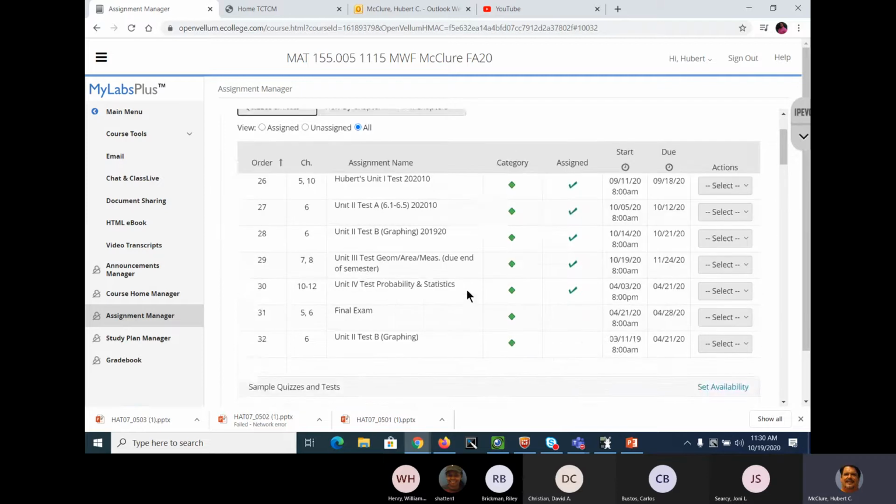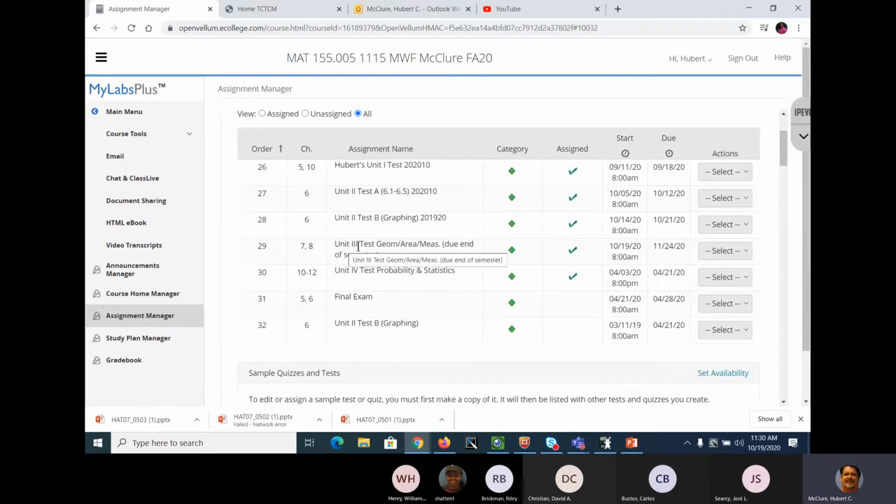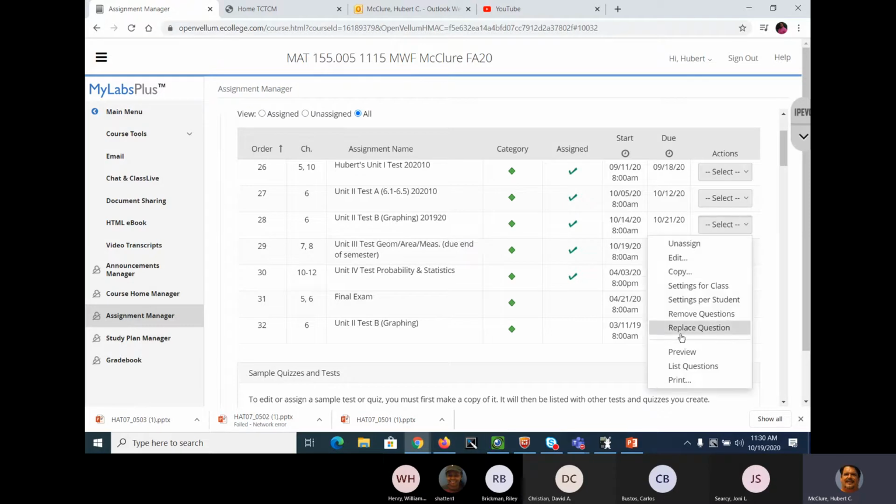Same with the test. It says right here, Unit 3 test, geometry area measurement, due end of the semester. I haven't even opened up the Unit 4 because we haven't got to it yet. All right, we're going to get to that next. Here we go. So, preview.